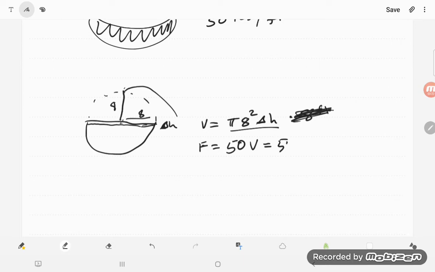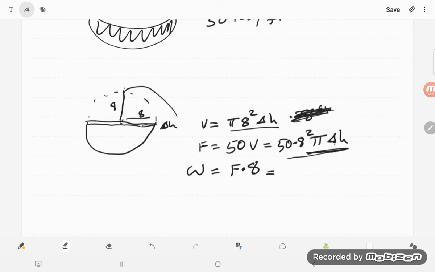So that's 50 times 8 squared times pi times delta H. And then we'll get the work, which is F times 8. So here's a case where F actually is incorporating the delta X or delta H, and the distance is this 8 feet.